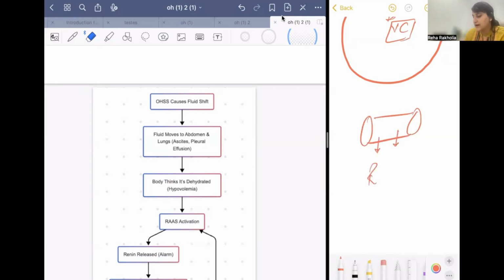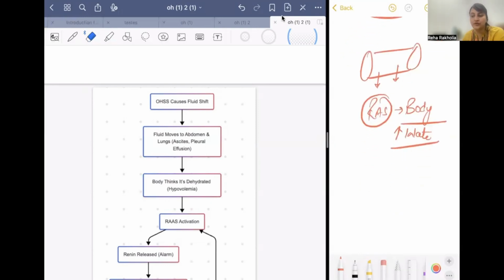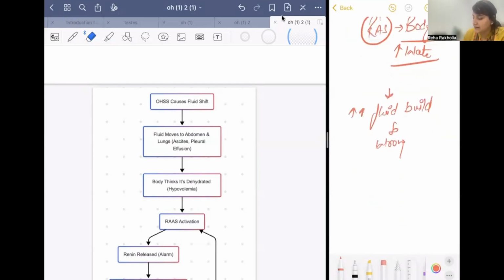Now, because of RAS, the body will hold more water to compensate for perceived fluid loss. But since there is leakage, fluid shift continues, and more fluid buildup will be there in the wrong places, like the abdomen. Pleural effusion will be there, ascites will be there, swellings will be there.